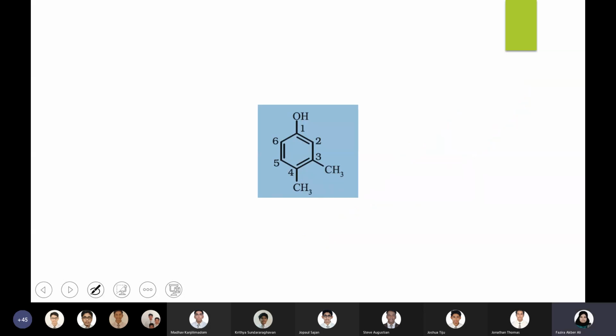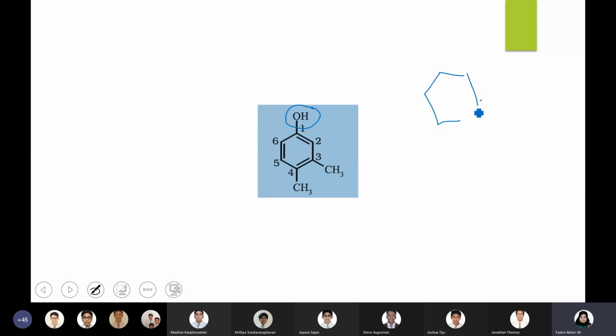Here the numbering is already given because you can see OH, alcohol, is the most important or prior functional group, and as you know, when alcohols are there, the name of the compound... What will be the name of the compound?